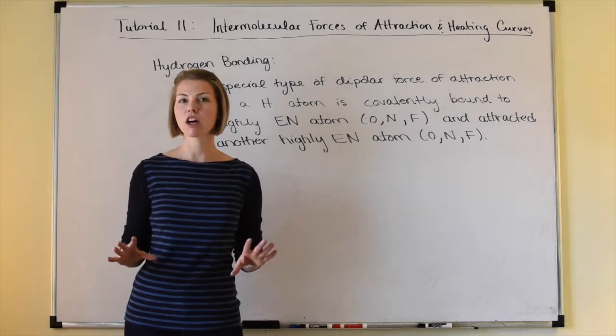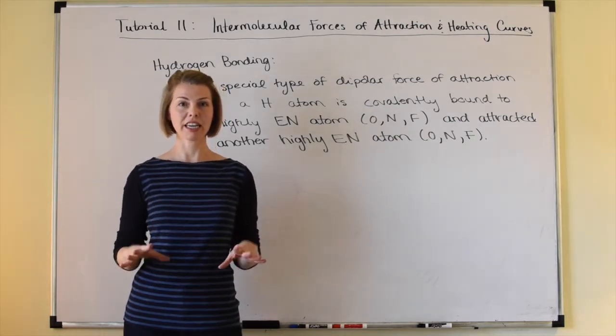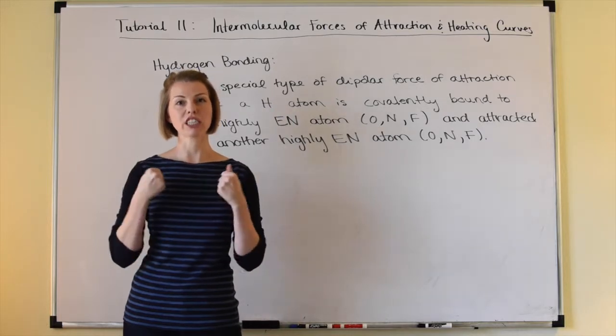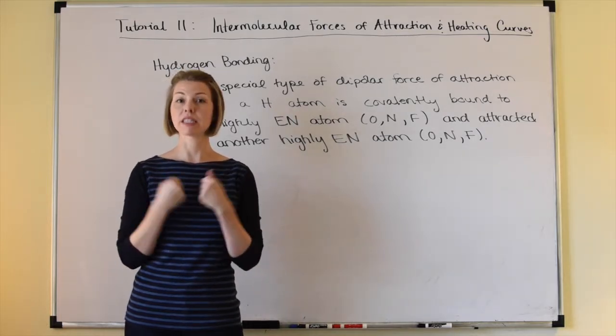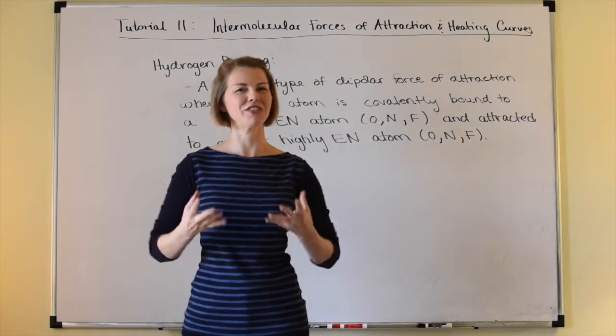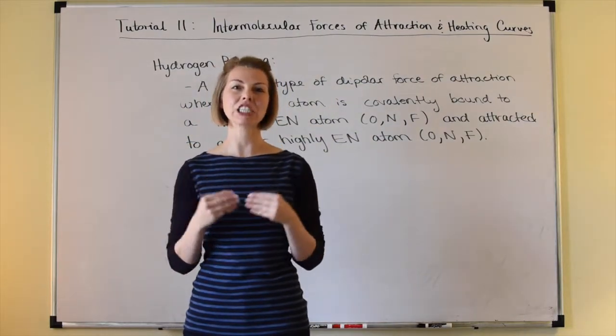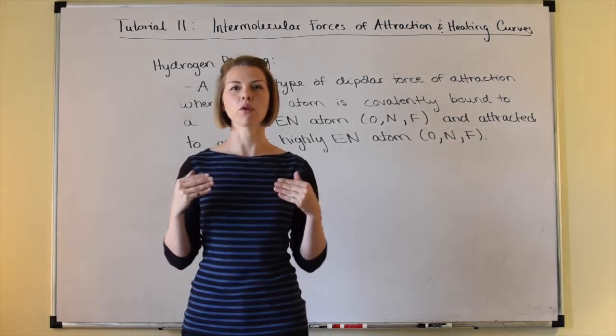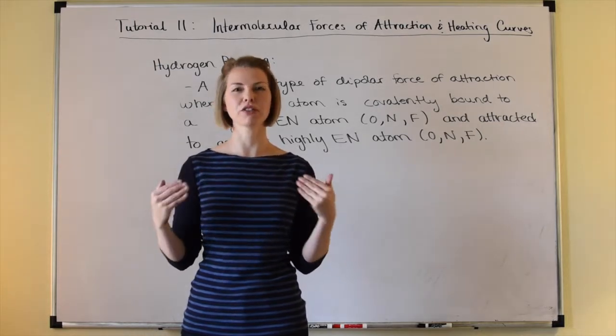It is not a covalent bond, okay? It is a force of attraction that exists between two separate molecules. It's a very strong intermolecular force of attraction. It's a very significant one, but it is still just an attractive force that two different molecules can have for one another.